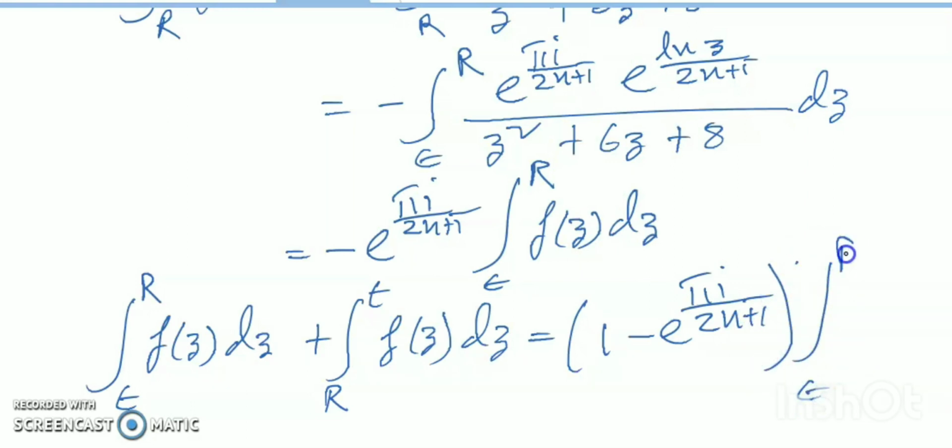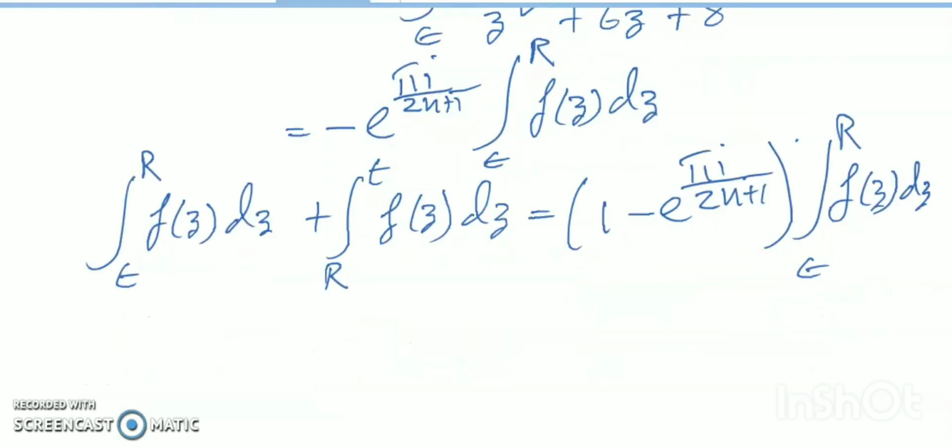Okay, so f(z) dz we can write this way, that it can be written as e to the power pi I divided by 2n plus 1.